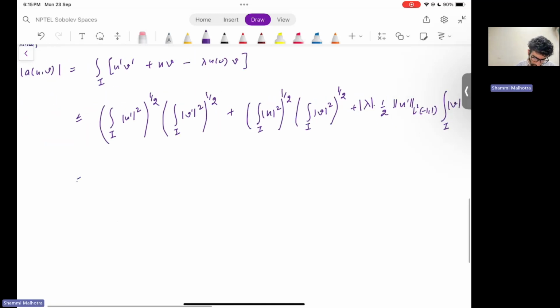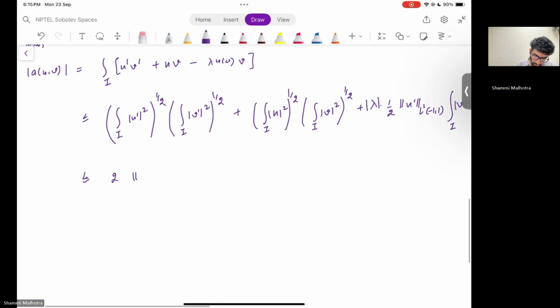So this is actually less than or equal to twice the H01 norm of u times the H01 norm of v.